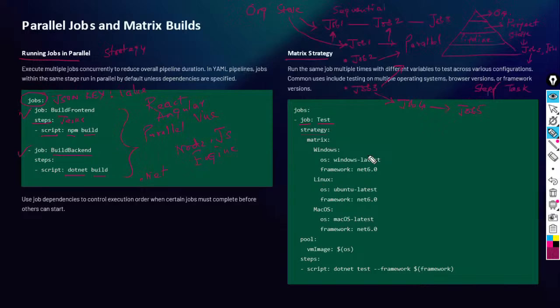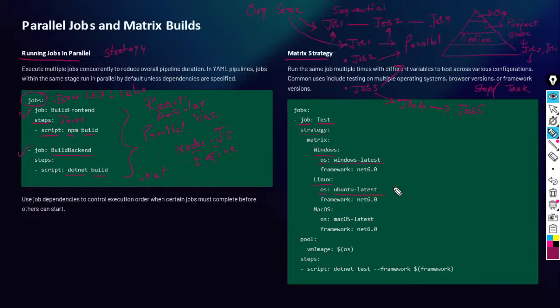So the matrix is like, what is your operating system? If it is Windows, then the OS being used is Windows latest. And the framework is whatever the framework. Linux, if you are using a Linux matrix, then the OS you are using may be Ubuntu.